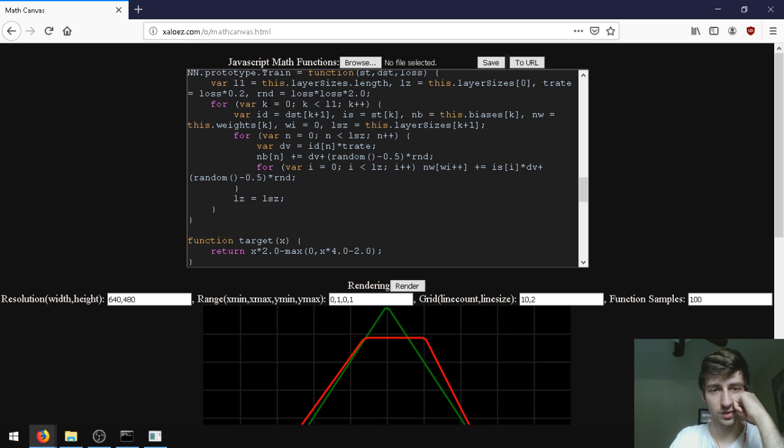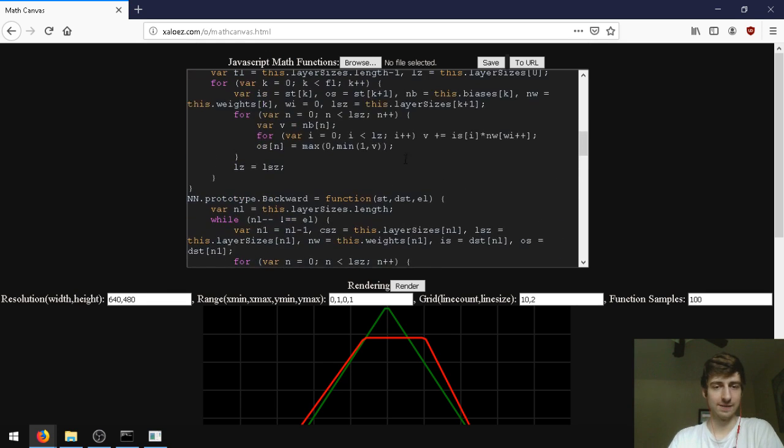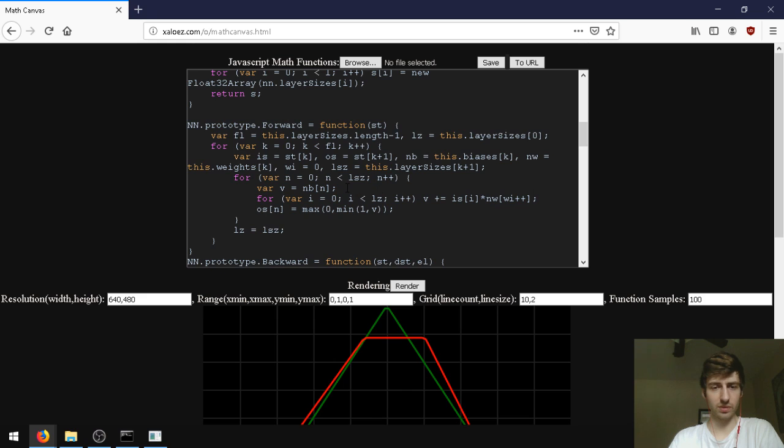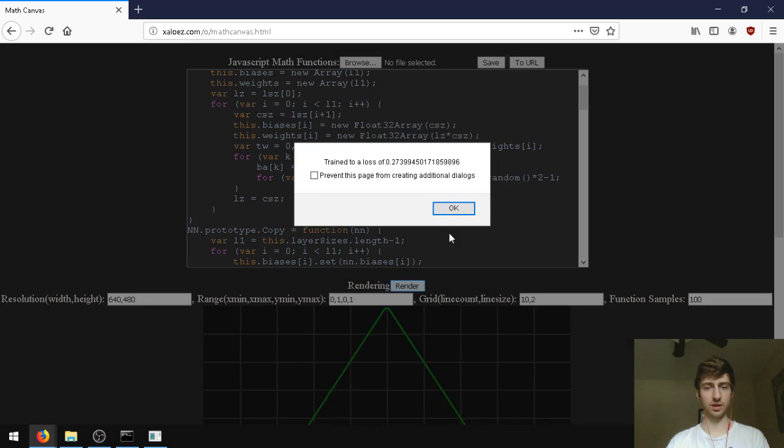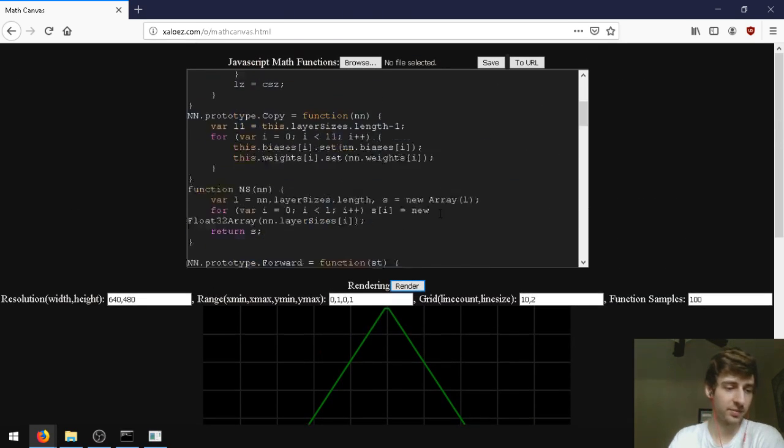So looking at this right here, if I set this to L1 minus 1, it'll only train the output layer. And then I'm going to initialize the biases randomly. Initialize the weights more randomly as well. All right, so it's not training at all.